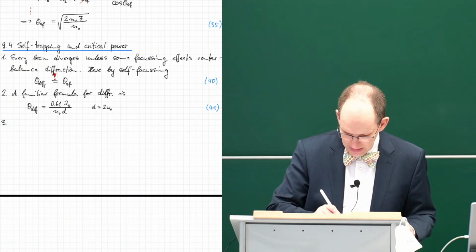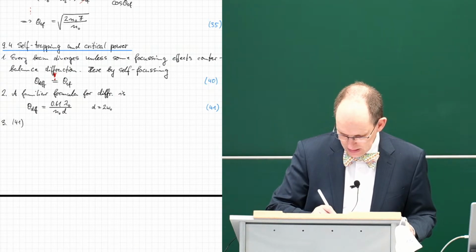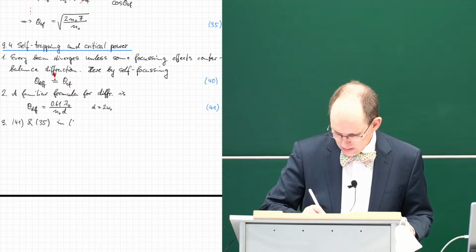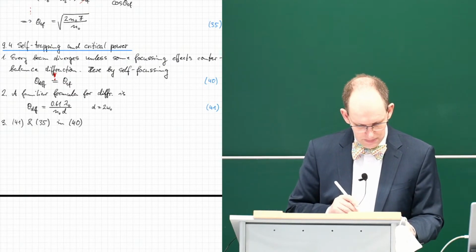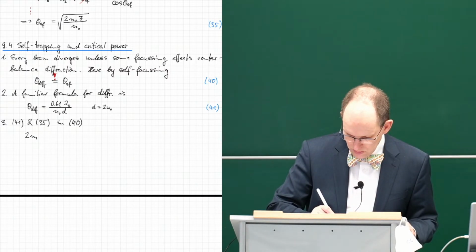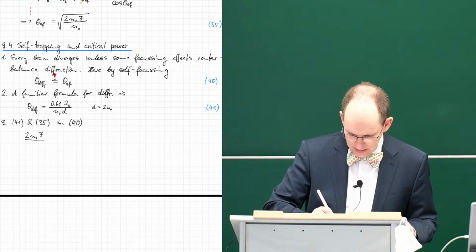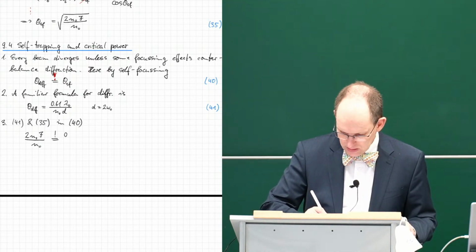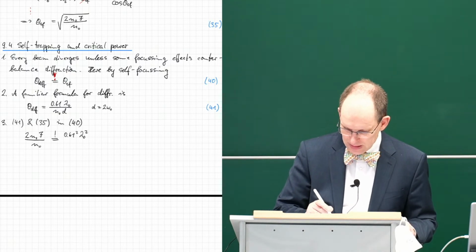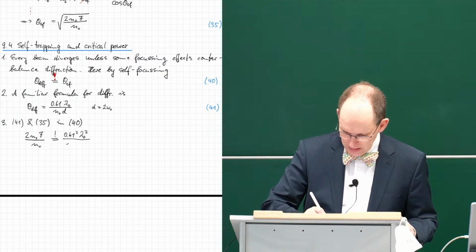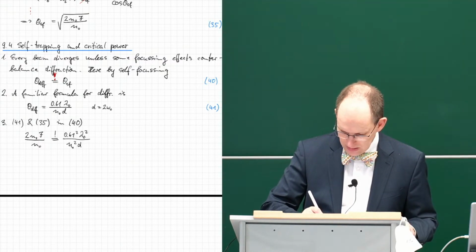And then we find 2 times n2 times the intensity divided by n0 should be equal to 0.61 squared times lambda 0 squared divided by n0 squared d squared.